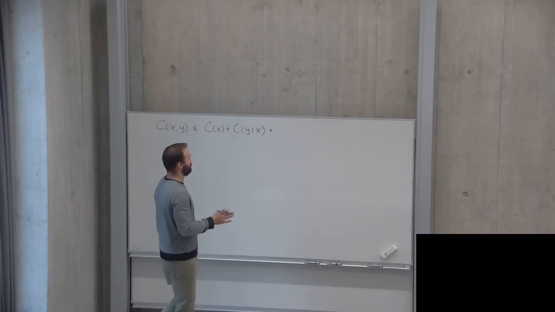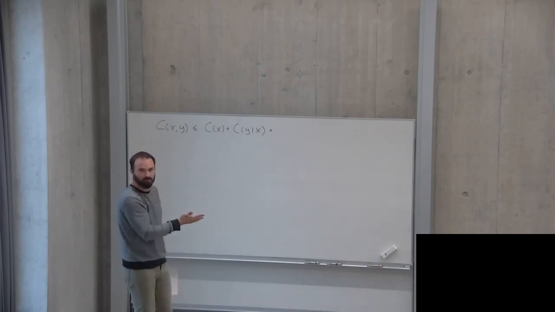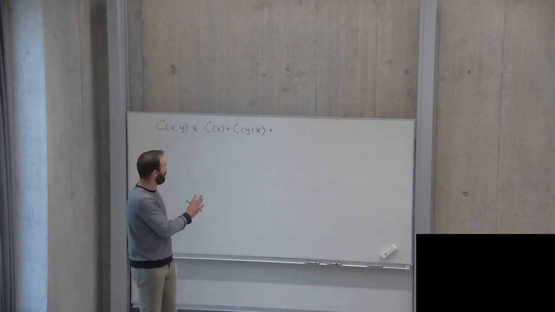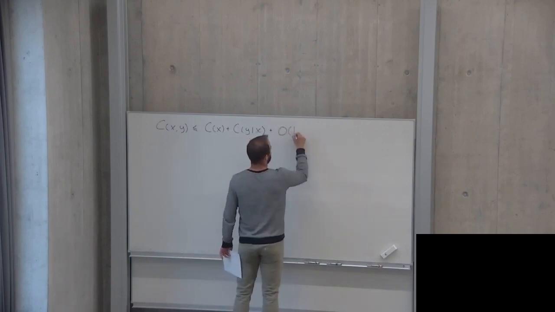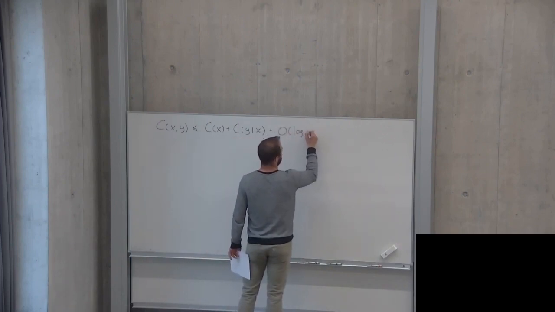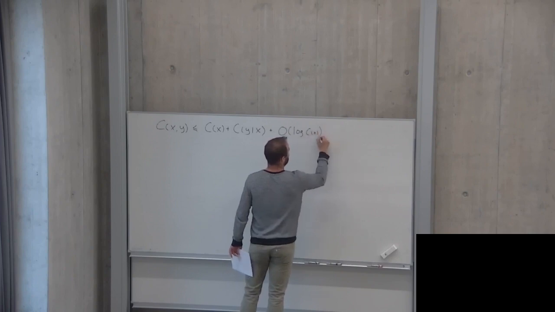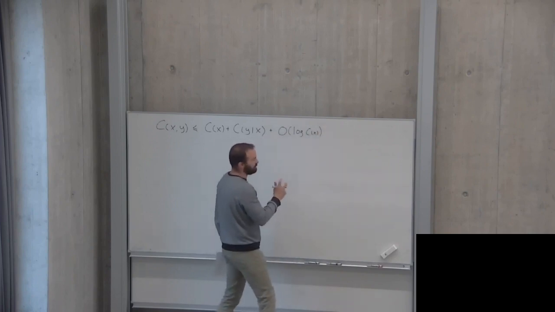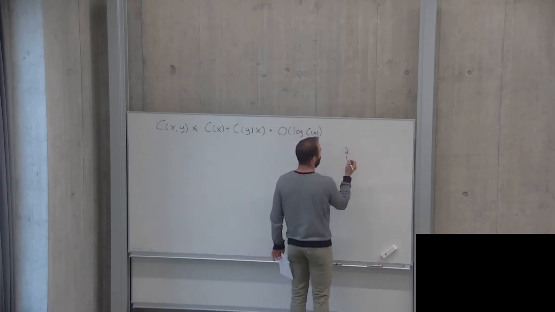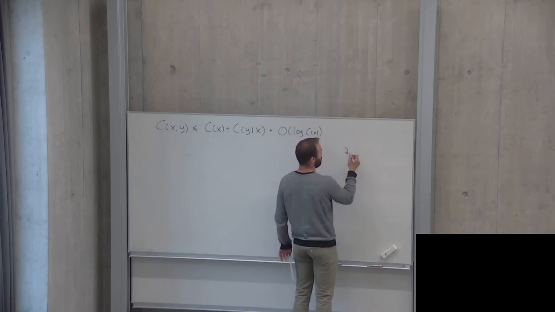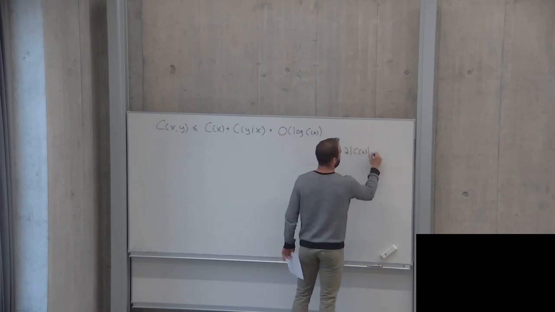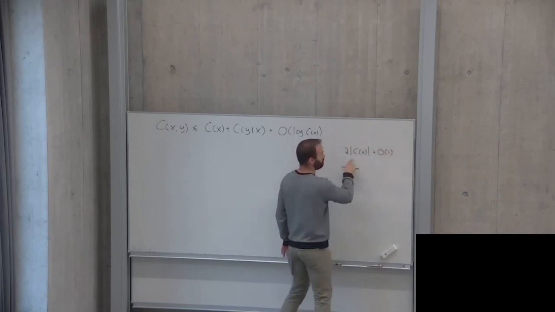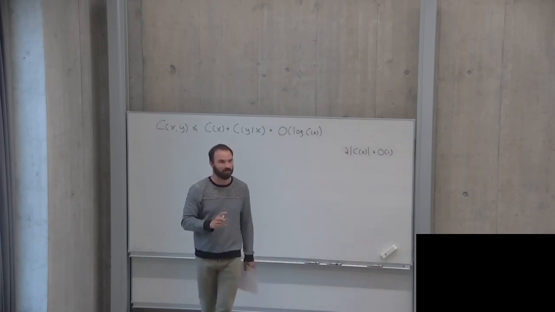While we were doing the proof, we had some error term that was first of order of log of C of x. Right? Because we had a 2 times length of C of x plus O of 1 at some point. We had that in our derivation.